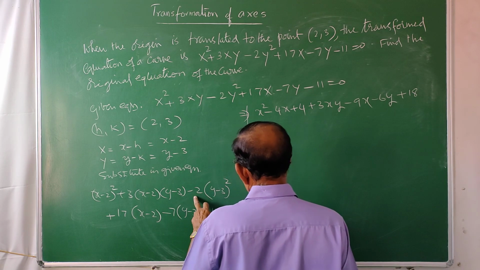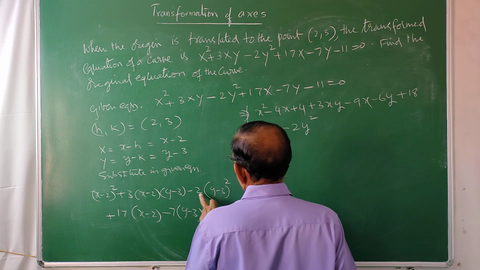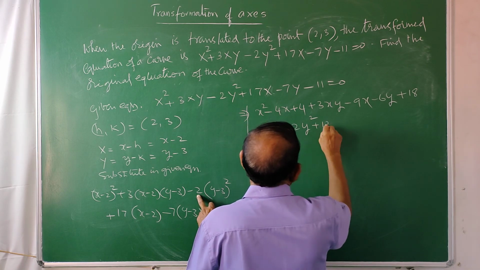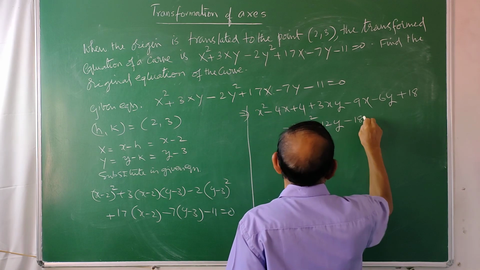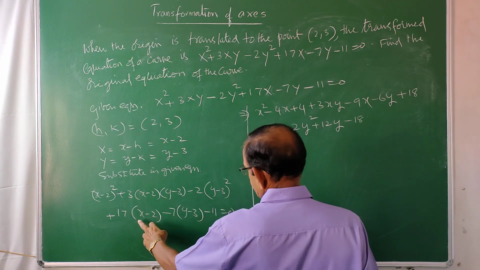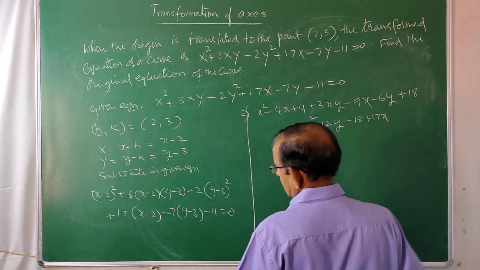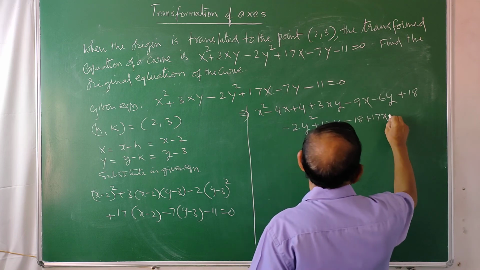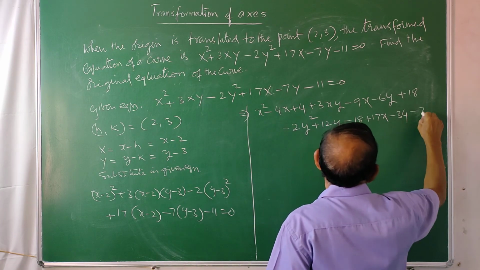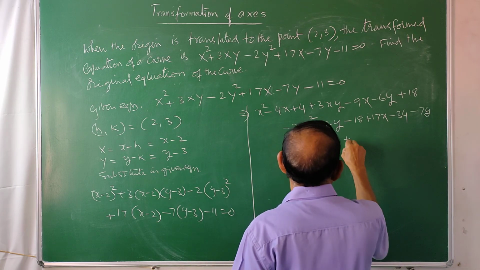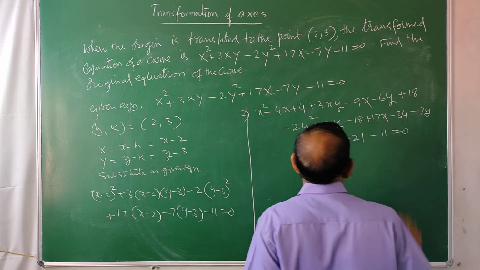This is y square, that is minus 2y square, minus 6y into minus 2, plus 12y, plus 9 into minus 2, minus 18, plus 17x minus 34 minus 7y plus 21 minus 11 equal to 0.